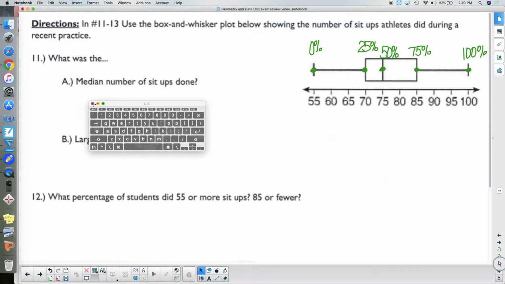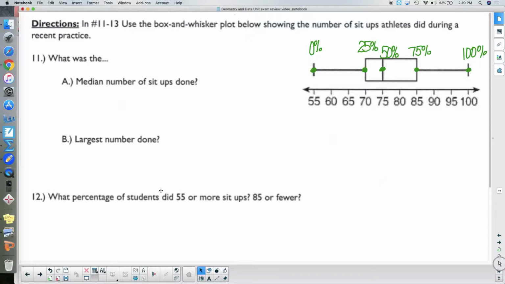All right, so they want the median number of sit-ups done. Median means half are above it and half below it, so our median is at 75. The largest number done. Well, our final data point, that whisker that reaches out, is at 100, not 100%, 100 sit-ups. And then they wanted to know which percentage of students did 55 or more sit-ups.